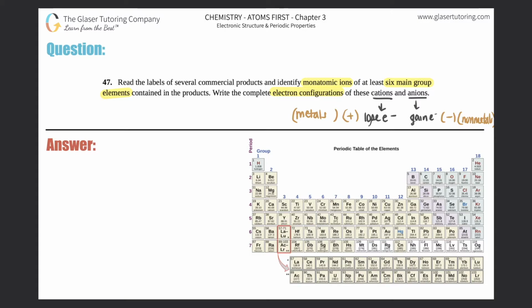Now, in the last question, we went into depth about how to separate the periodic table to do electron configuration. I'm just going to do the faster version, because if you need more time, just go to number 46. It's all there for you. Just know that when we're doing electron configuration, don't include helium over here.